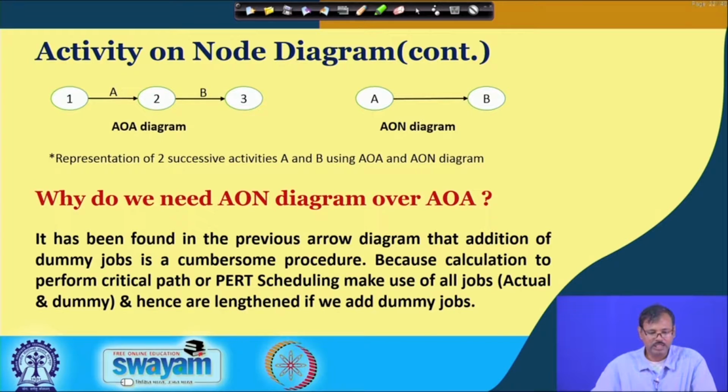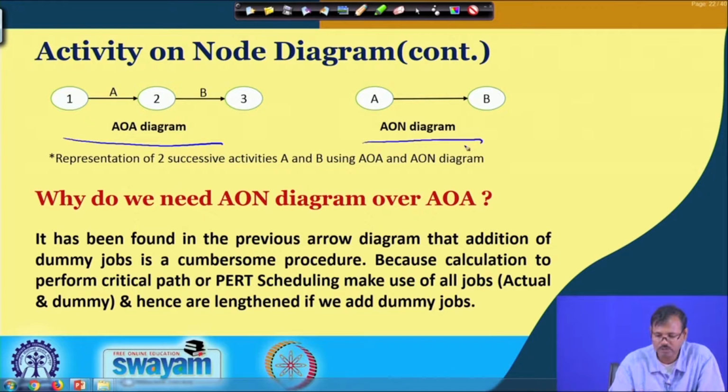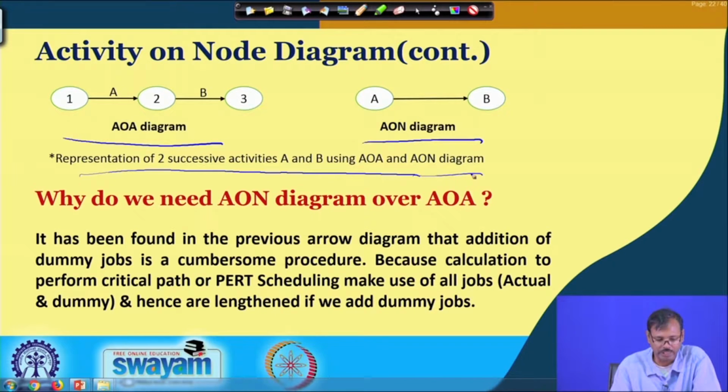Now, let us see how we can construct an activity on node diagram. So, this is activity on arrow diagram, this is activity on node diagram. You can see this is a little bit lengthier one, this is a smaller one, and this is representing the two successive activities A, B using the activity on arrow and activity on node diagram.